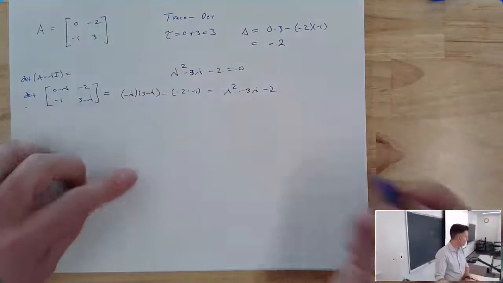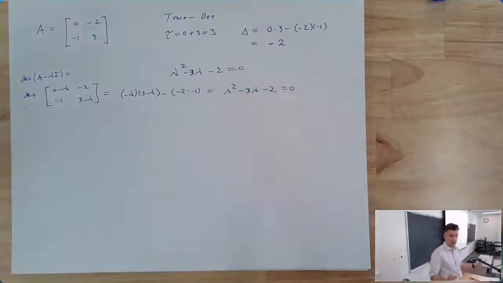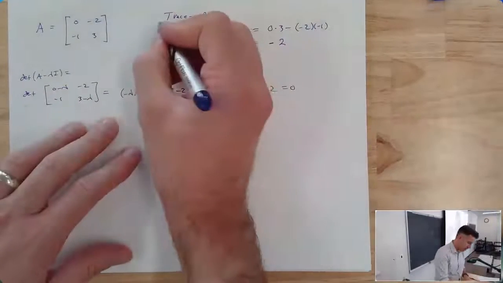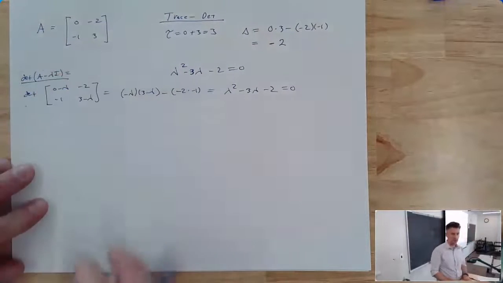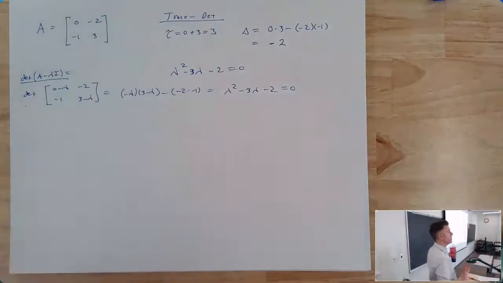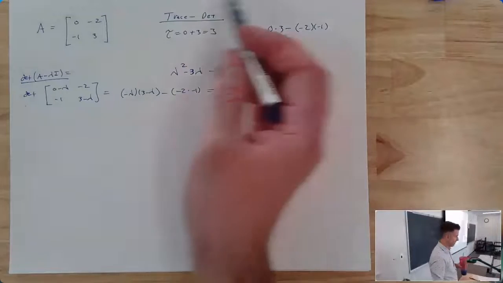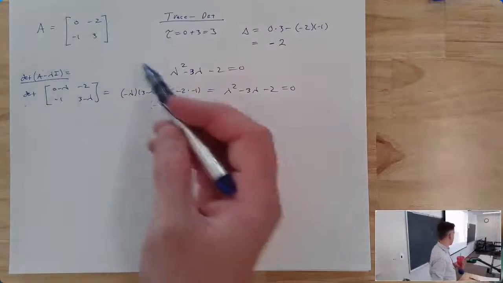Oh yeah, it's the same as it should be, right? It's not like it's a surprise here. It's always going to be the same whether you do it the trace determinant way or the usual determinant of A minus lambda I way. I've just seen over the years that this can be really easy to calculate, whereas this other thing can be easy to kind of make a mistake with.